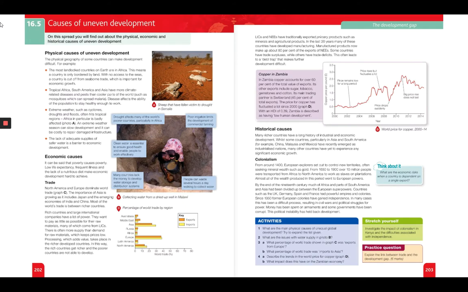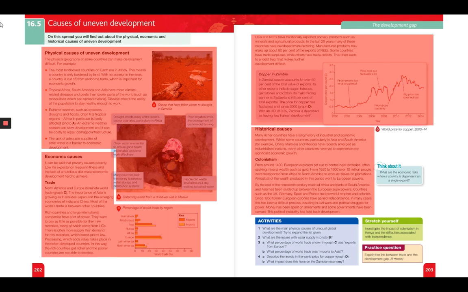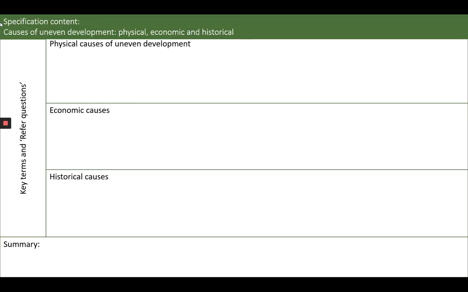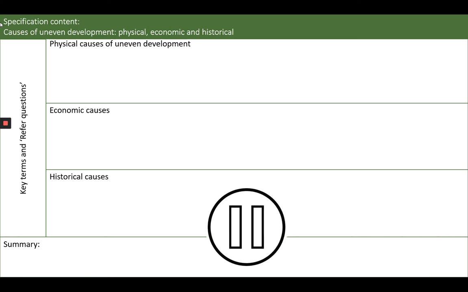For the causes of uneven development, we're going to use pages 202 and 203. And your Cornell notes have 3 subsections, one for each cause listed by the specification. Press pause whilst you complete this.